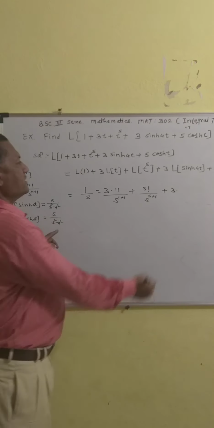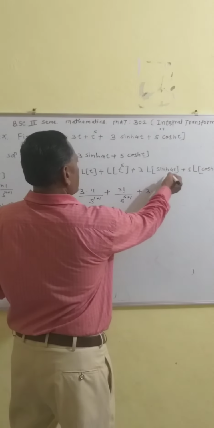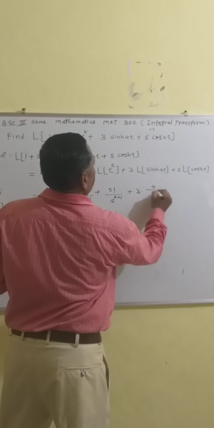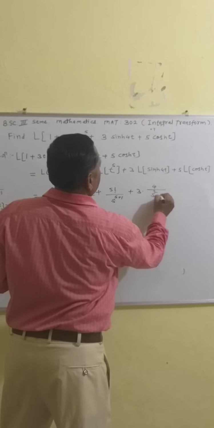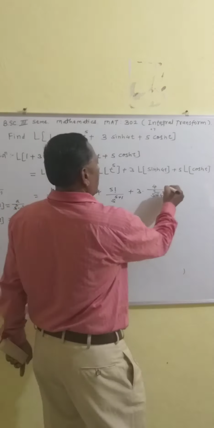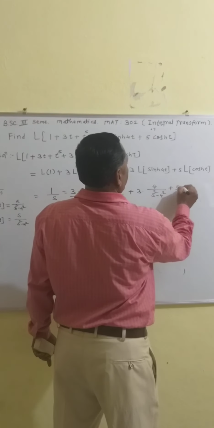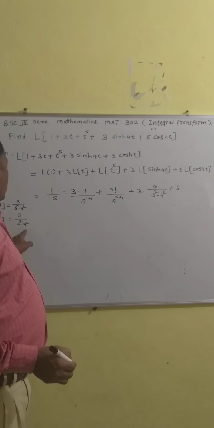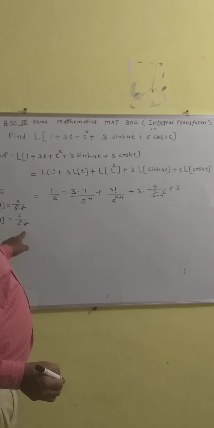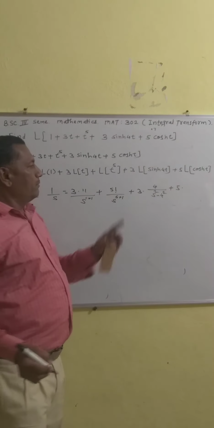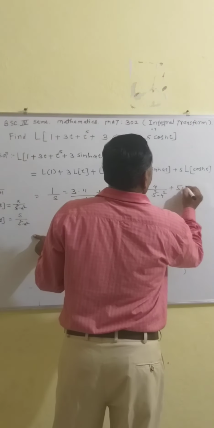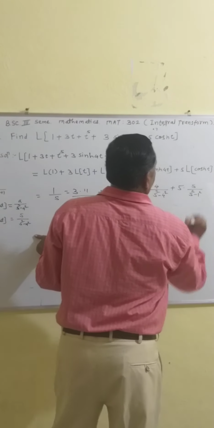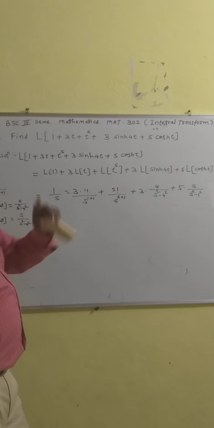Using these two formulas, 3 into sinh 4t, a means 4, so 4 upon s square minus 4 square, then plus 5 into cosh at, which is s upon s square minus a square. A means here 1. Therefore 5 into s upon s square minus 1 square.